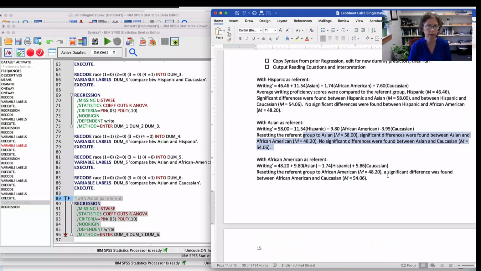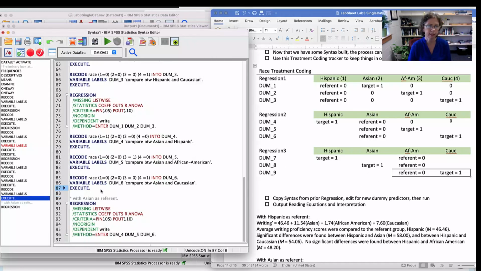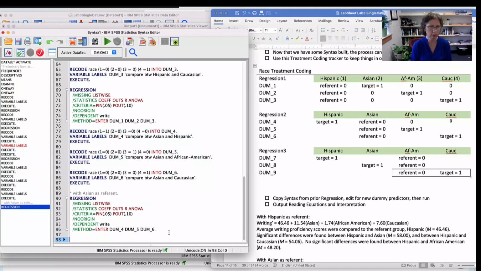So regression number 3, I'm making 3 dummy codes, and the only one I really need out of this is that last comparison, but I need all 3 dummy codes to be able to do that. So making dummy 7, 8, and 9. I'm going to copy. I can leave myself a note.